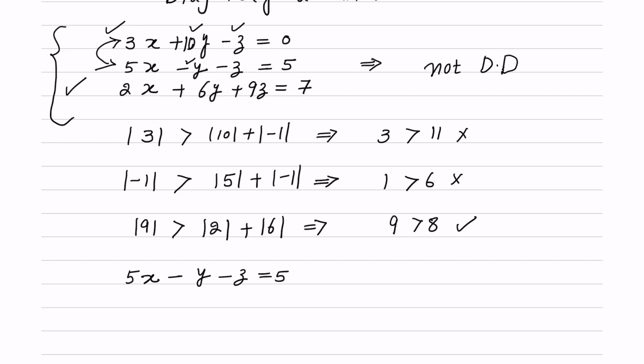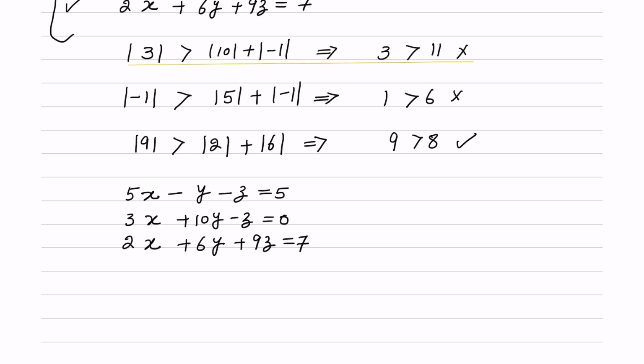And we will write the first equation next, which is 3x plus 10y minus z is equal to 0. And the last equation will be in its own place: 2x plus 6y plus 9z equal to 7. Now after switching the places of the first and second equation, we will check if now the system is diagonally dominant or not.